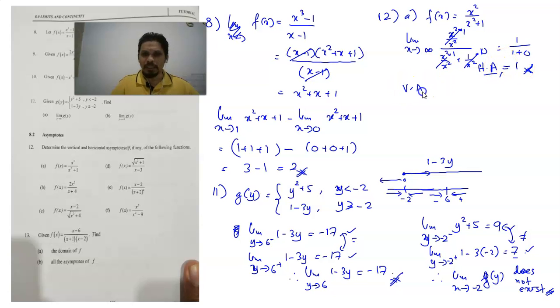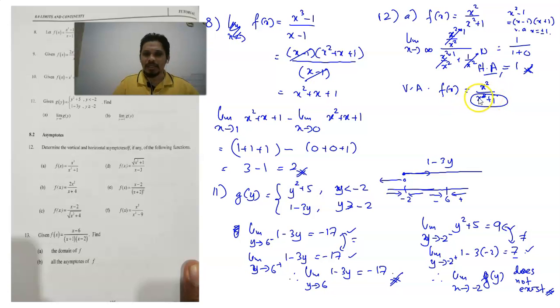For the vertical asymptote, let's see now for the function x squared divided by x squared plus 1. Can we factorize x squared plus 1? If the question given here were x squared minus 1, then we would factorize into x minus 1 and x plus 1, and the vertical asymptote would be x equal to plus or minus 1.